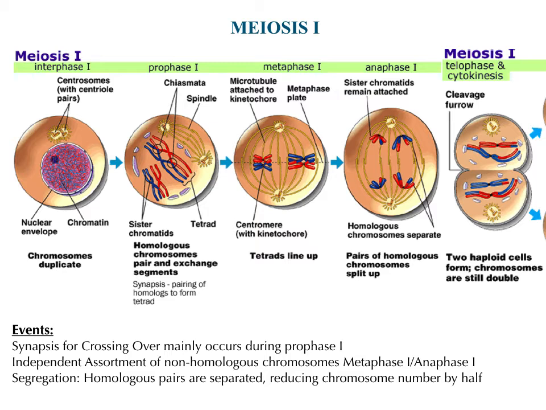This is the independent assortment of the non-homologous chromosomes. So those are two different chromosomes, both of which could have come from dad, both of which could have come from mom, or as in the cases we see here, one came from mom and one came from dad in each of the cells. And we have further genetic recombination because of the crossing over events that rearranged on those individual chromatids as well.